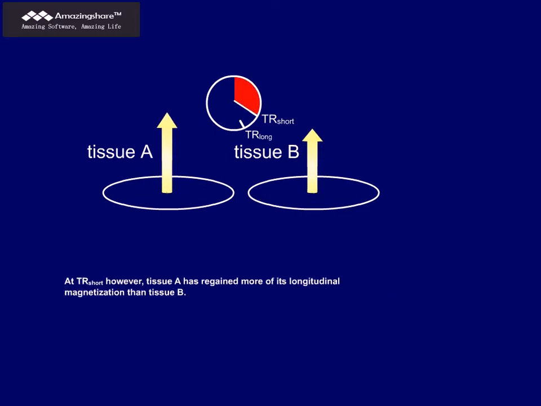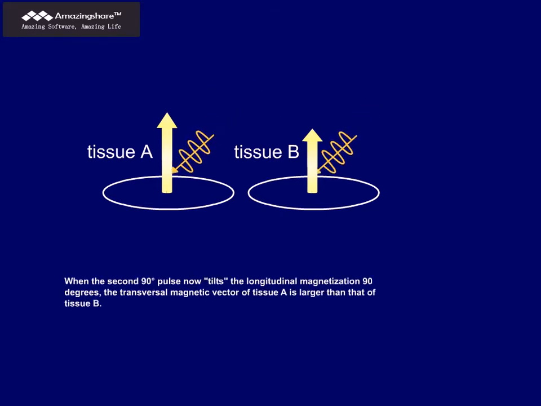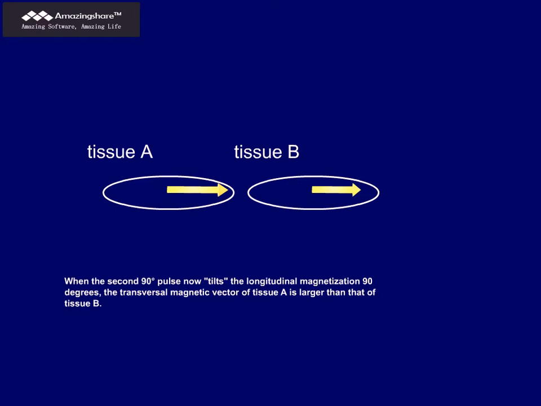At TR short, however, tissue A has regained more of its longitudinal magnetization than tissue B. When the second 90-degree pulse now tilts the longitudinal magnetization 90 degrees, the transversal magnetic vector of tissue A is larger than that of tissue B.